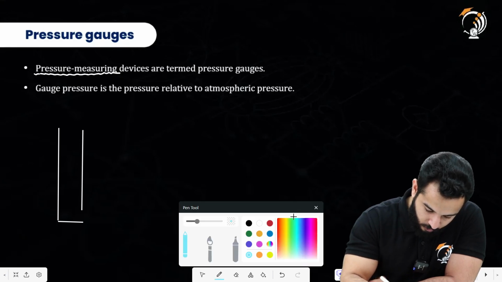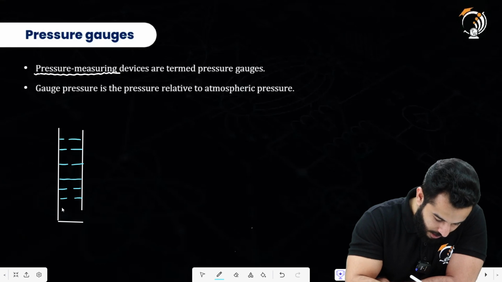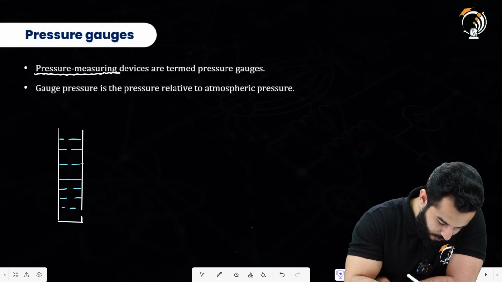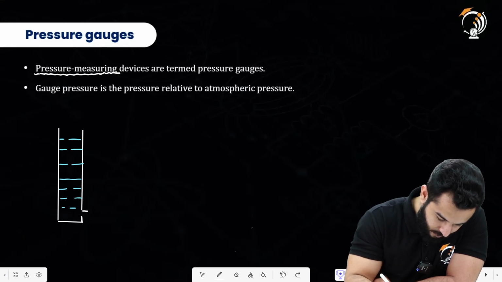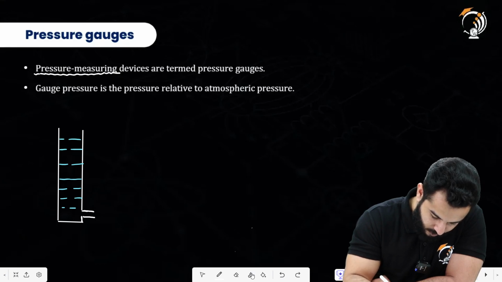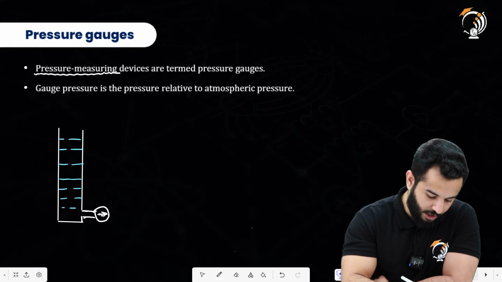we have got a fluid over here, and we have got an arrangement over here, a device which will measure pressure at this particular point.